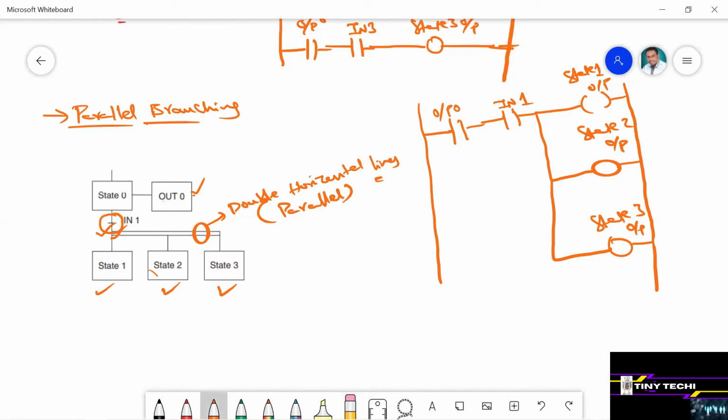So this is the equivalent diagram for the sequential function chart parallel branching. When input 1 occurs and output 0 already occurred in the previous state, that is state 0, the transition condition is transferred to input 1. When input 1 occurs, the three states will be on. This is an example for parallel branching.